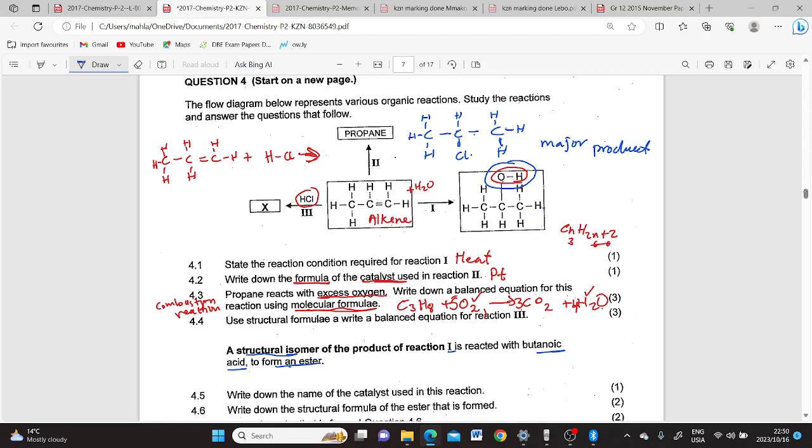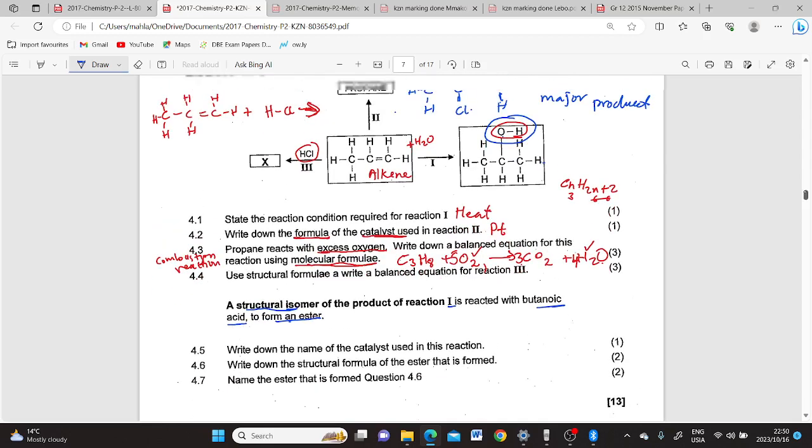So there's only OH that can move. So meaning the isomer that I talk about, there will be carbon, carbon, carbon, O bonded to H, and then we'll have the hydrogens here. Right, that will be the isomer.